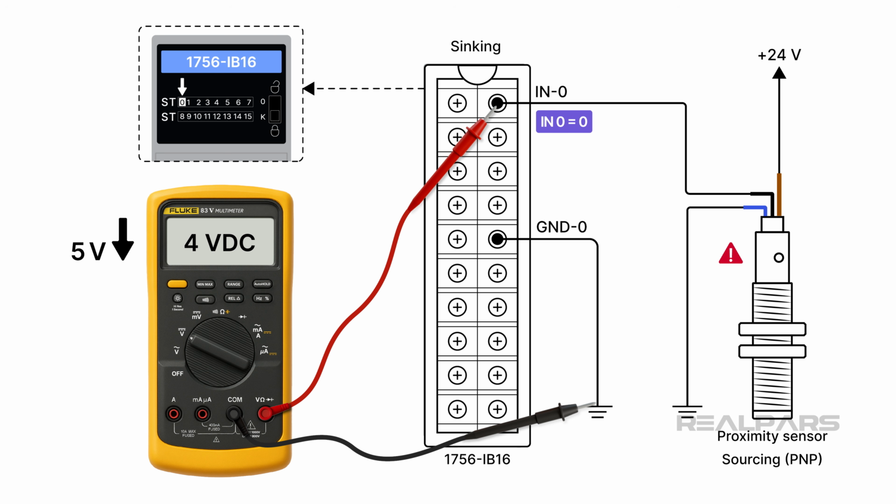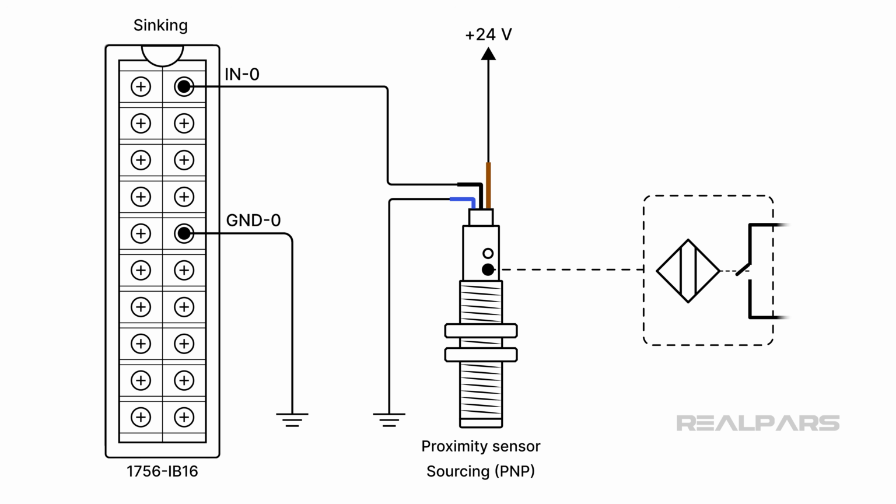An input below 5 volts will be recognized as off by the module. How is it possible for the voltage at the module input to be close to 5 volts when the sourcing sensor is off? A sourcing sensor turns off by opening an internal semiconductor switch, not by grounding it. The module input is floating, making it susceptible to voltages caused by normal sensor leakage current.